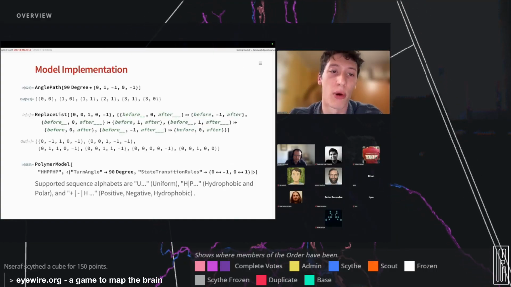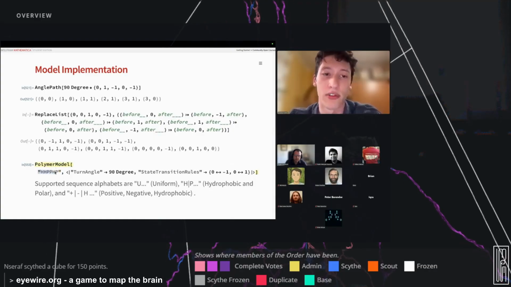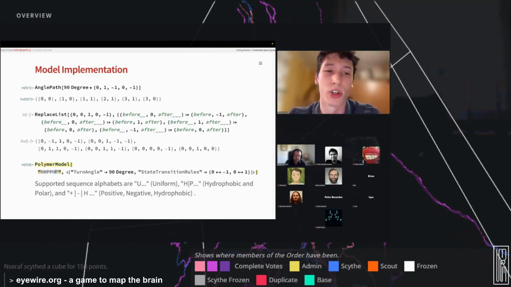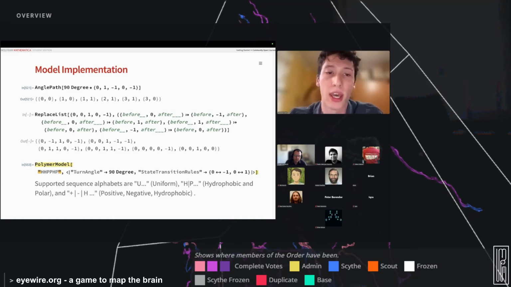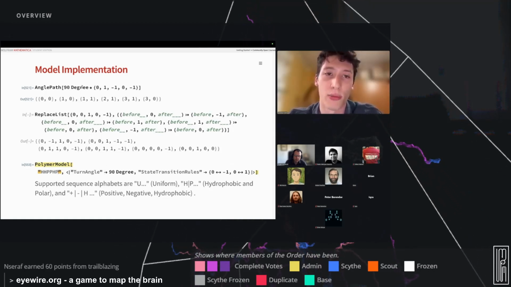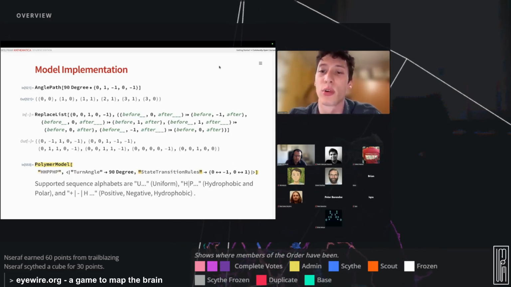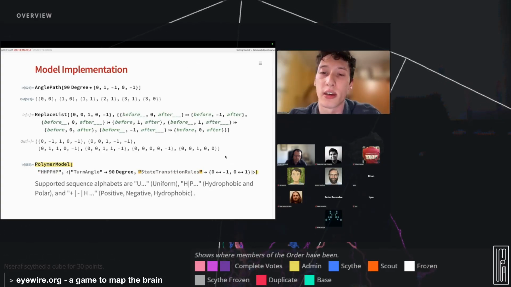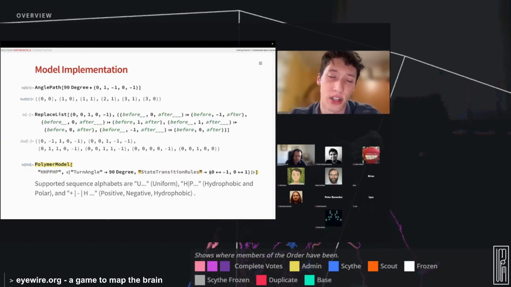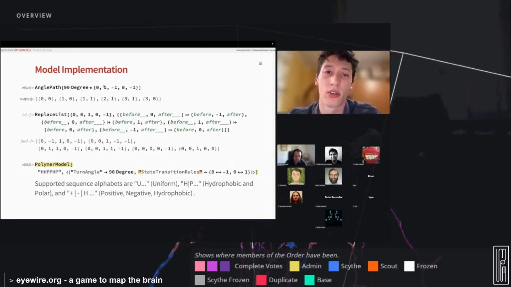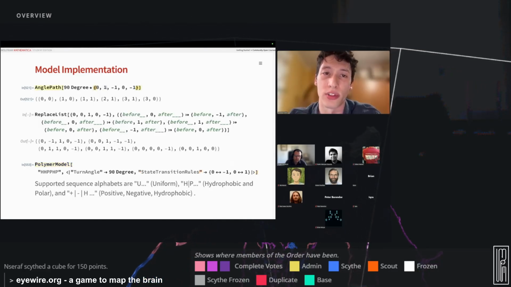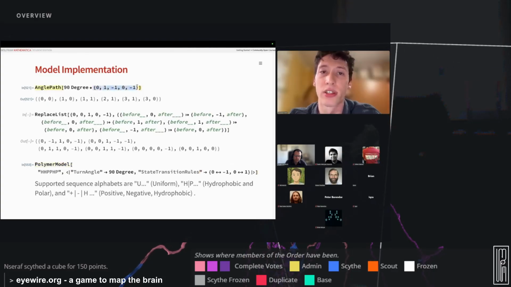So a Polymer model consists of a sequence. These can also be multiple sequences later. And then together with a turn angle, which would be the 90-degree thing here, and state transition rules. The state transition rules define what states are allowed. So these would be the entries in the internal coordinate list.